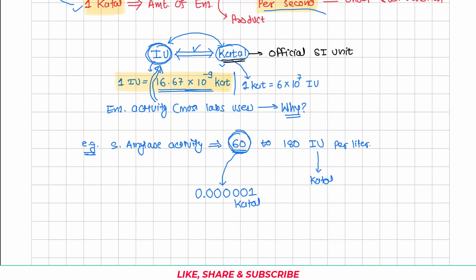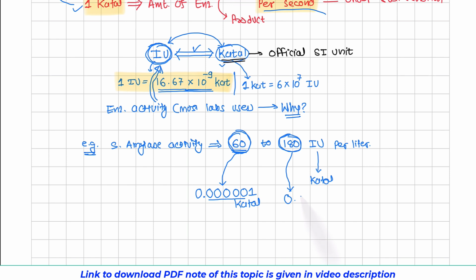These are 5 zeros. And by similar calculation, 180 international units corresponds to 0.000003 Katal. Again 5 zeros. These are very small numbers and very inconvenient for daily reporting. That's why most clinical laboratories still use international unit for daily reporting.